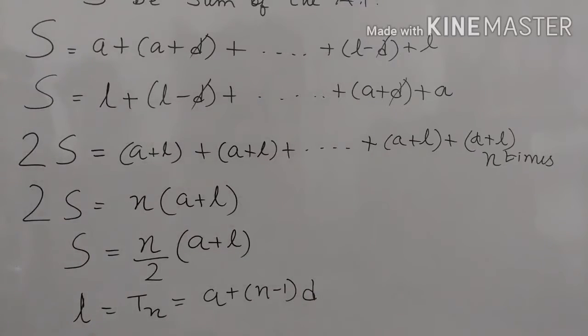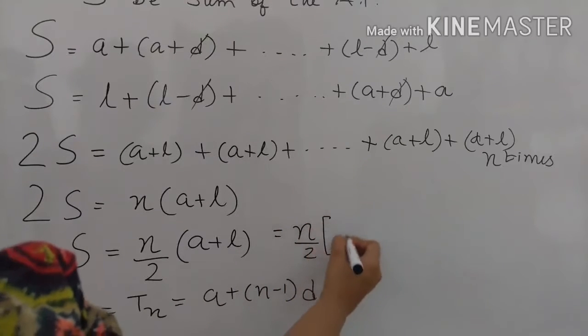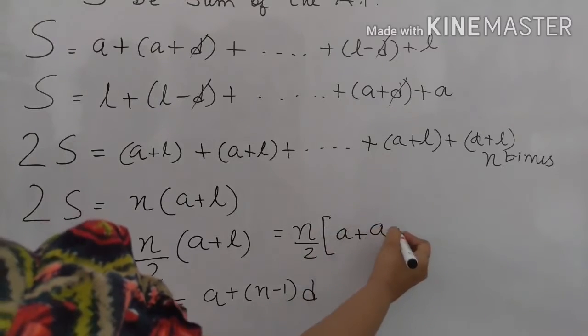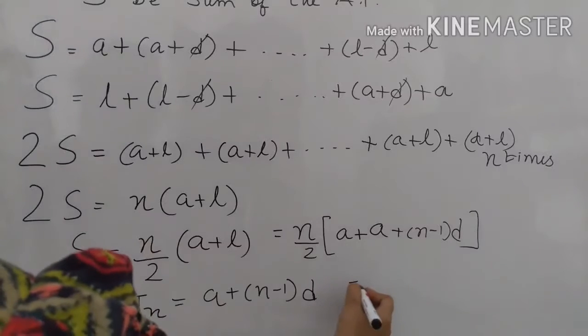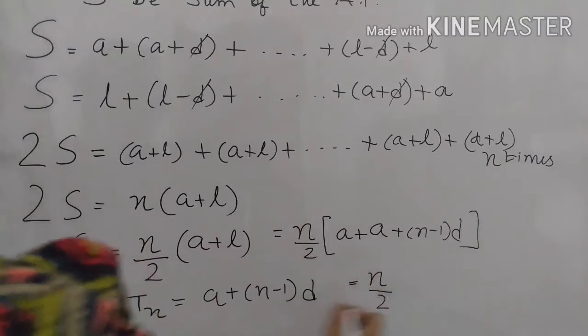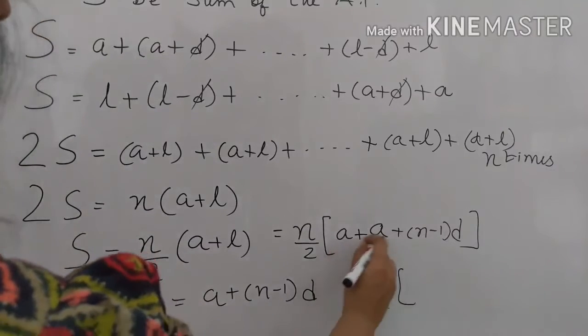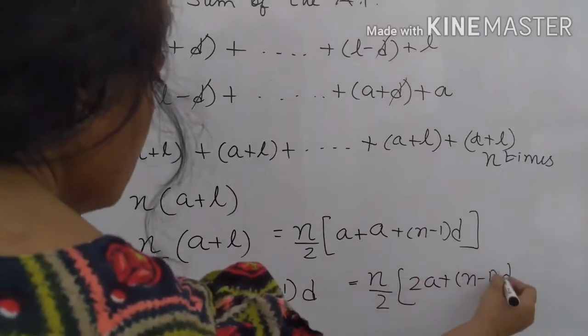So I will substitute this formula here instead of L. So here I get n by 2 in the bracket a plus Tn value, a plus (n minus 1) into d. So here I derive my formula, that is n by 2 in the bracket 2a plus (n minus 1) into d.